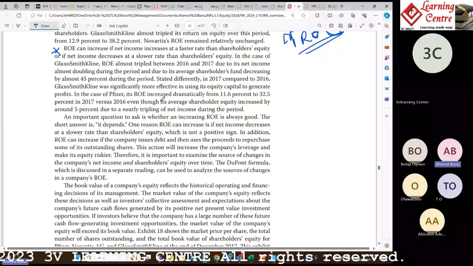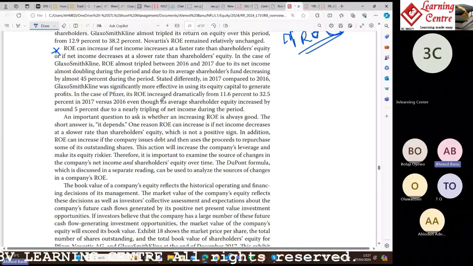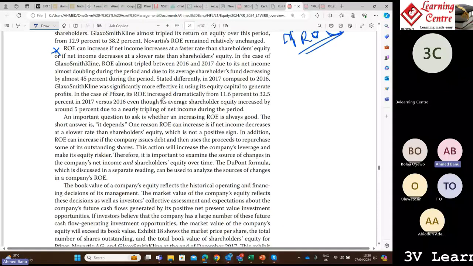Is it as a result of increases in net income? In addition, ROE can increase if the company uses debt, and I will explain that in a short while. If the company uses debt and then uses the proceeds to repurchase some of its outstanding shares.